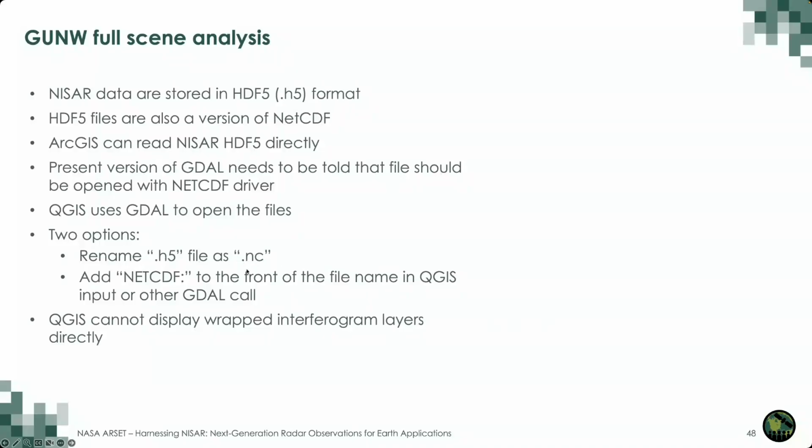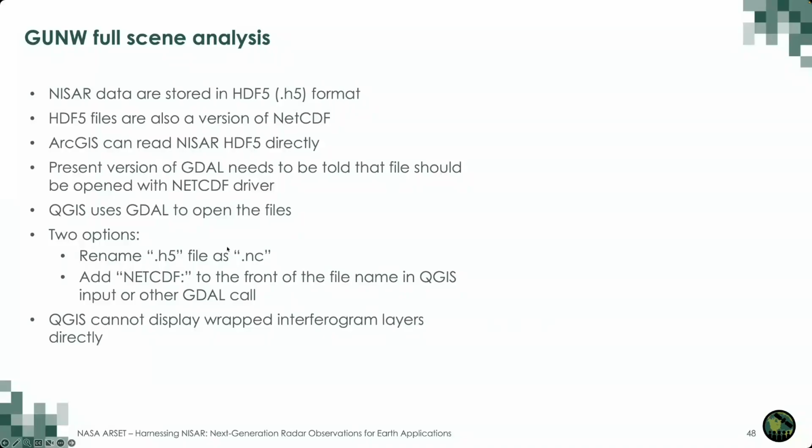That's the preferred option. You can also add this NetCDF colon to the front of the file name. And that allows you to open it when you're opening the file in QGIS, but that actually doesn't work very well in QGIS for doing additional processing steps.